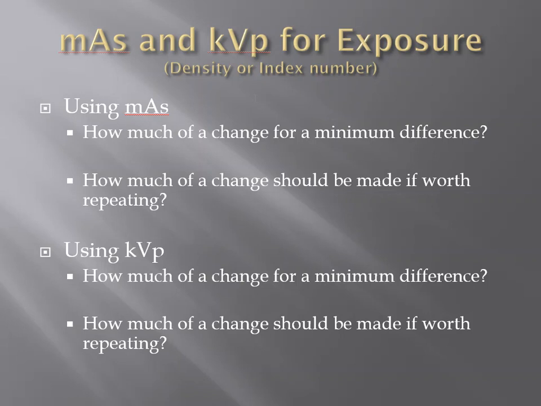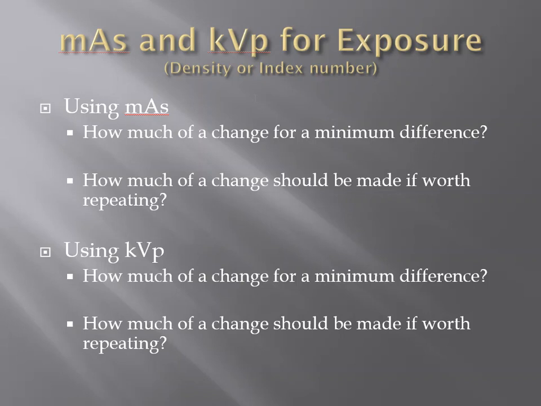So if I shot an image at 100 mass at any KVP, and I shot a second one at 130 mass at the same KVP, really, I wouldn't see that much of a difference at all. I might barely see a little bit of a difference.